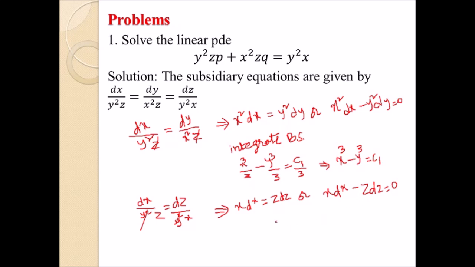Now on integration we get here x square by 2 minus z square by 2 is equal to some constant c2 by 2.